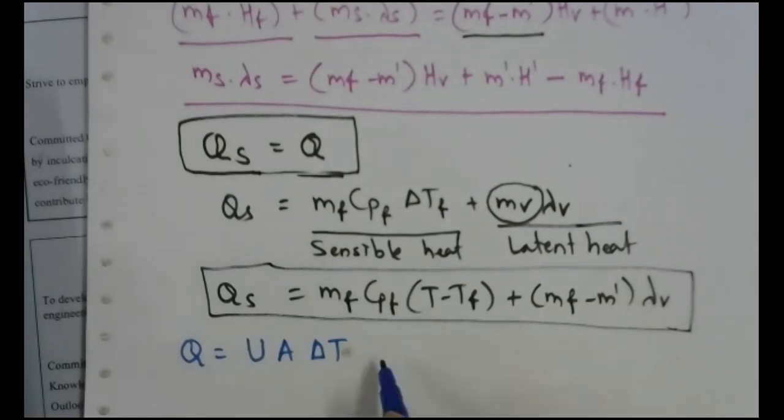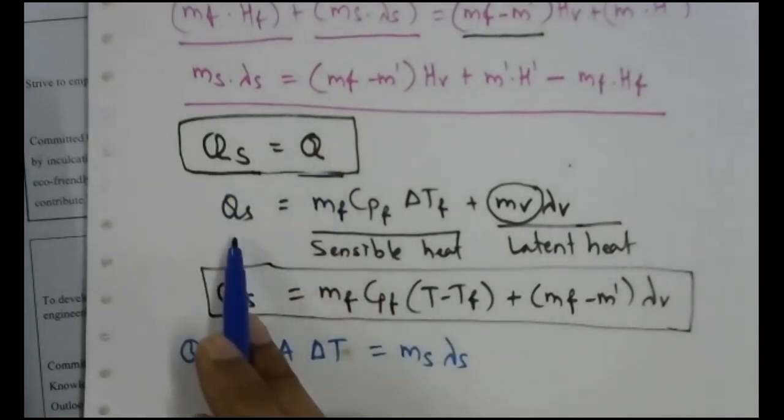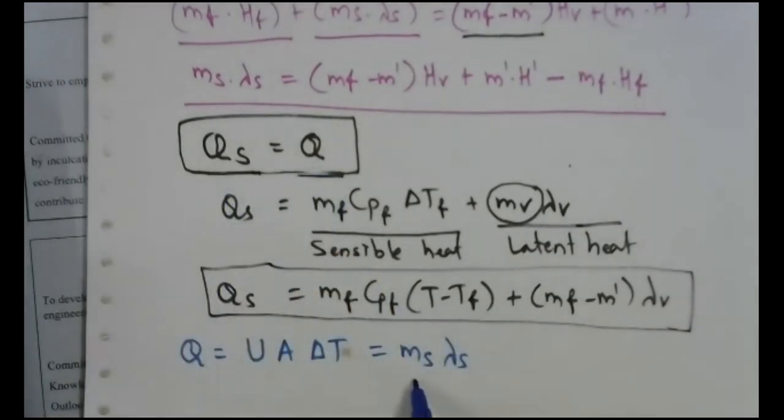Now this Q can be ms lambda s. So ideally this Q is Qs, and this Qs can be like this, or it is also ms lambda s, because this rate of heat transfer is nothing but the heat given by the steam.